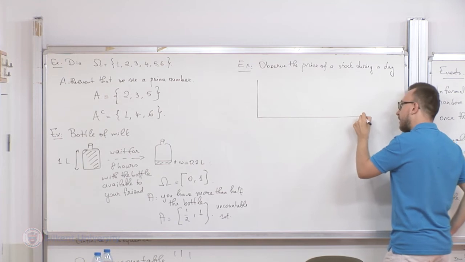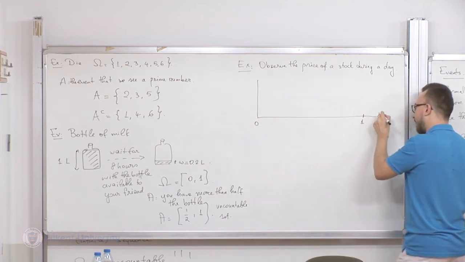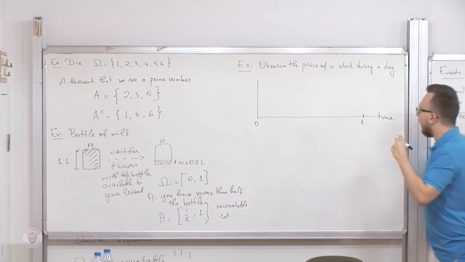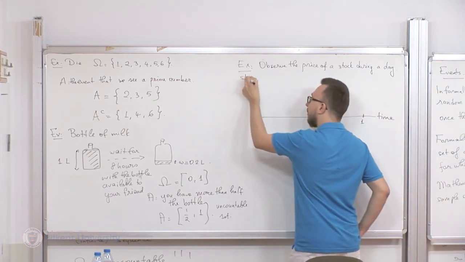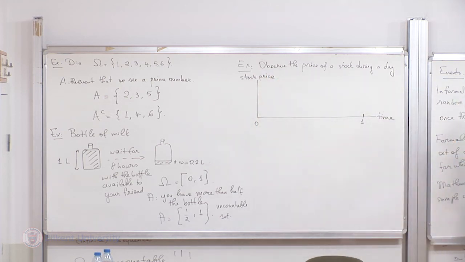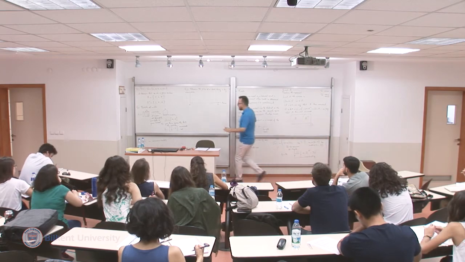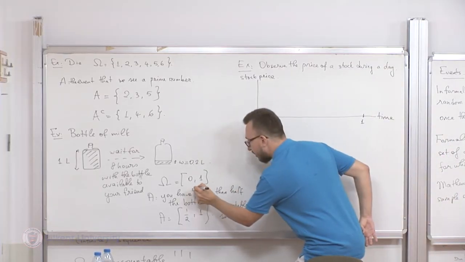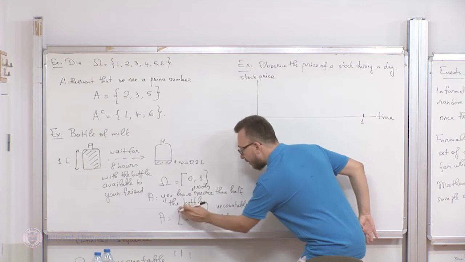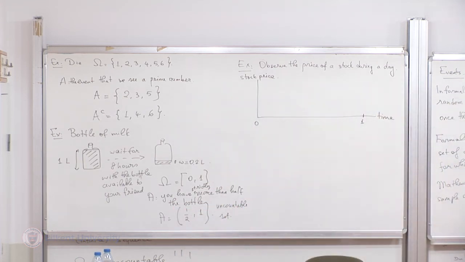So let's say that's 0, that is 1, this is time, and this is the stock price. If you want strictly more, let's make it strictly more. You have strictly more, which will become a parenthesis like this. Okay, thank you.